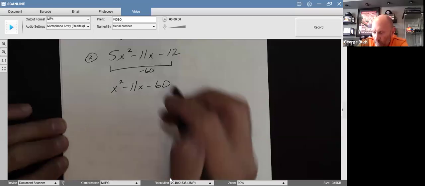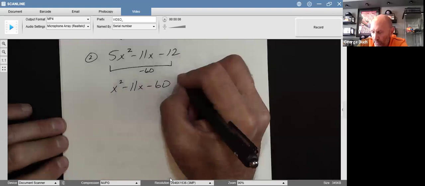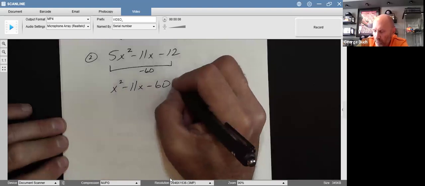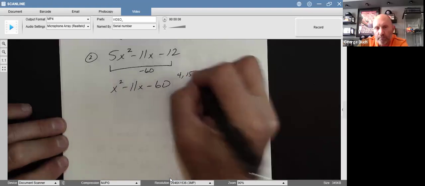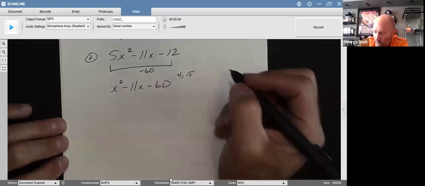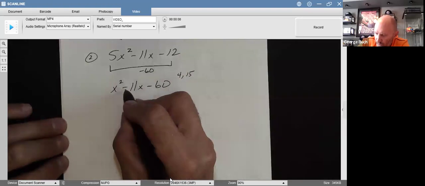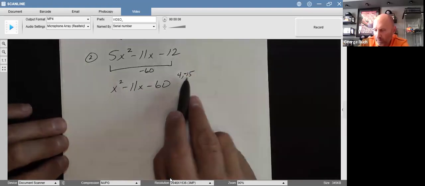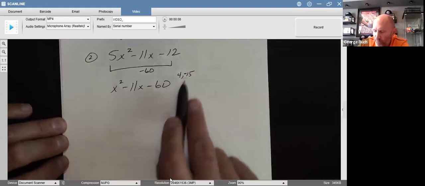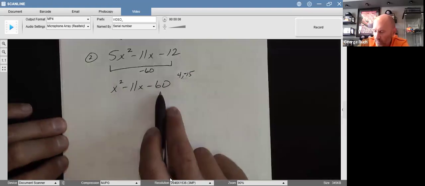So obviously it's not 1 and 60, not 2 and 30, not 3 and 20. Wait a minute. 4 and 15. So I want a minus 11. So if I have 4 minus 15 is negative 11. And 4 times negative 15 is negative 60.